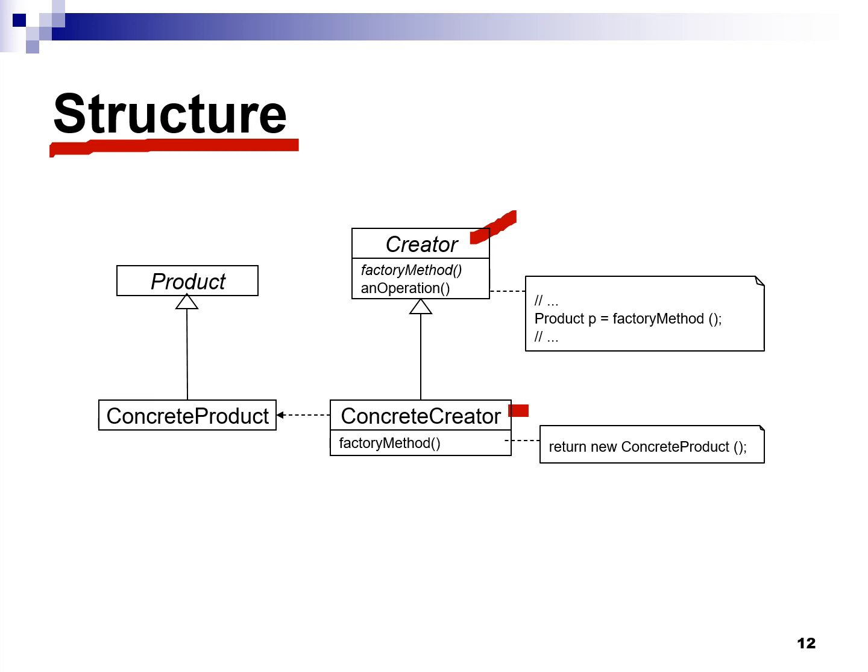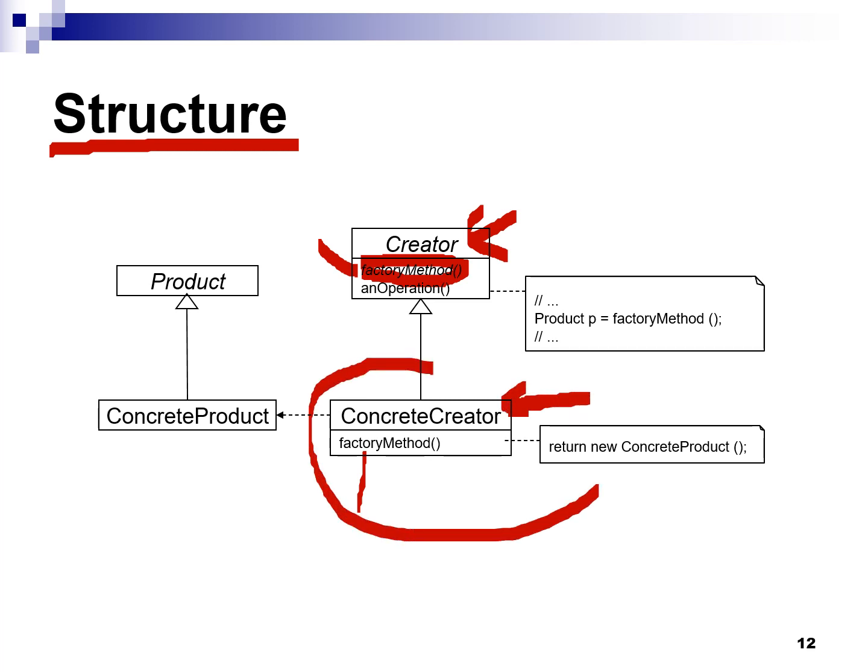So for example, here we have a Creator class, which is this abstract class that has the factory method, right? This factory method is this abstract method that creates an object and that needs to be overridden by concrete creators, right? So I have here one concrete creator, but of course I may have many subclasses of Creator that would be different concrete creators.